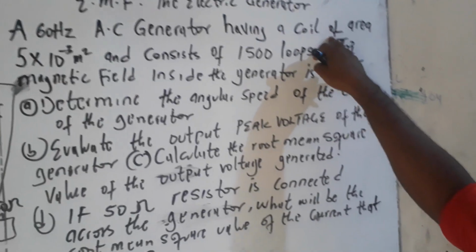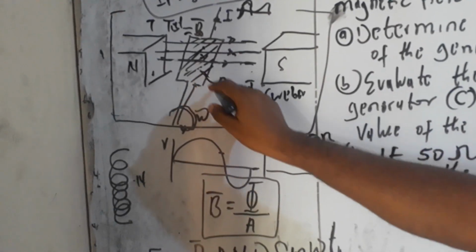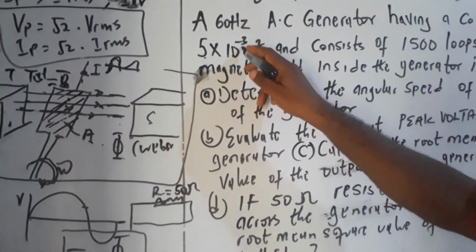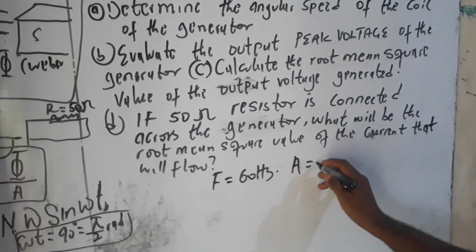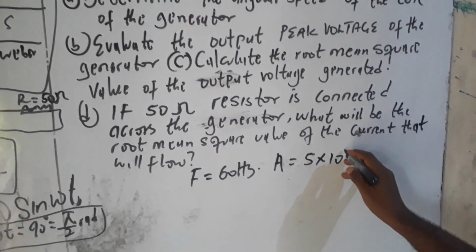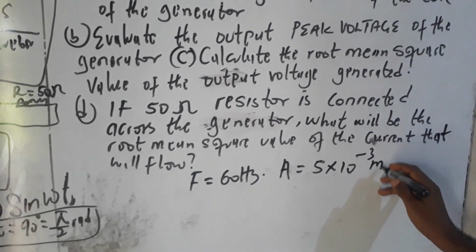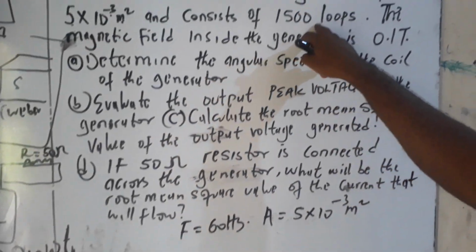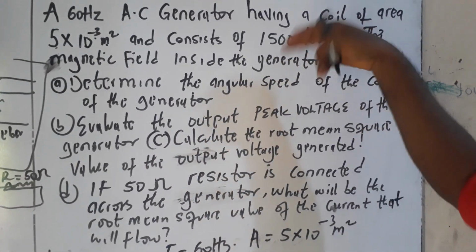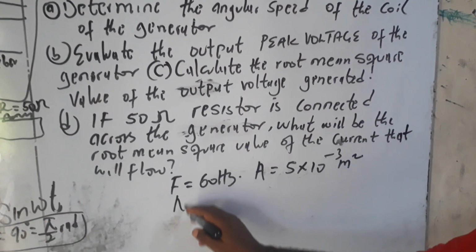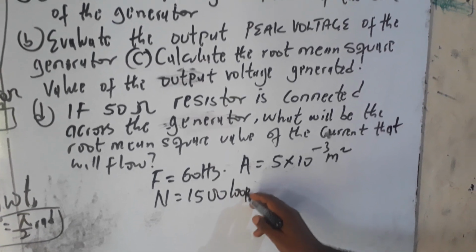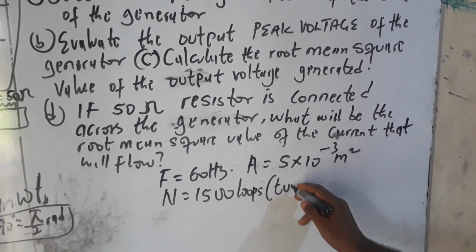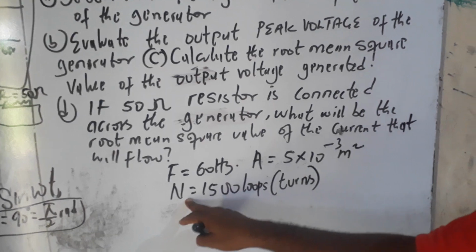Then we are given the surface area of this coil, A, as 5 times 10 raised to power minus 3 meter square. Another thing we are given is the number of loops, the number of turns, N, which is 1,500 turns.